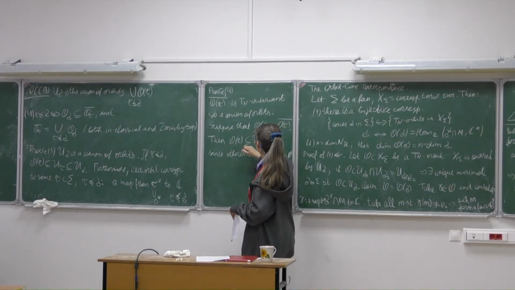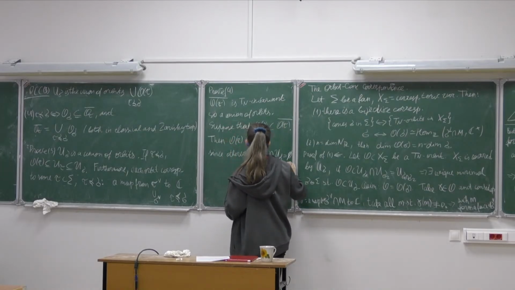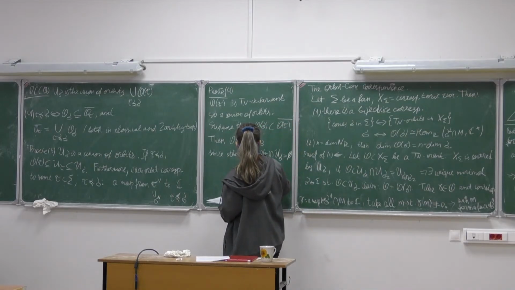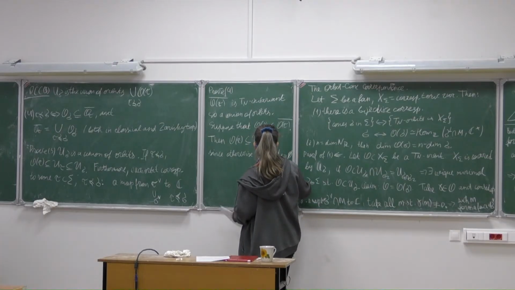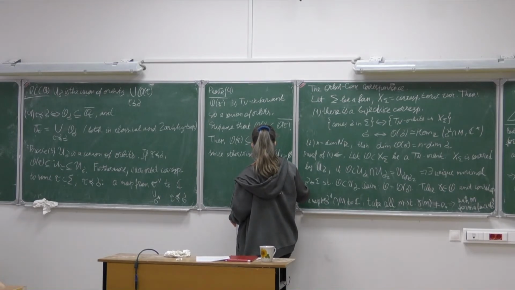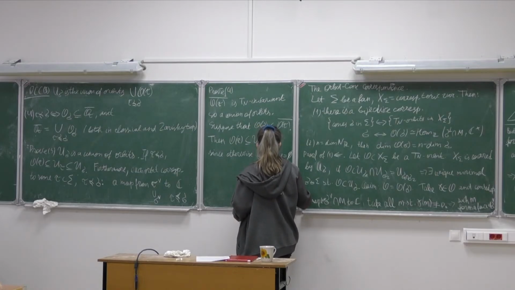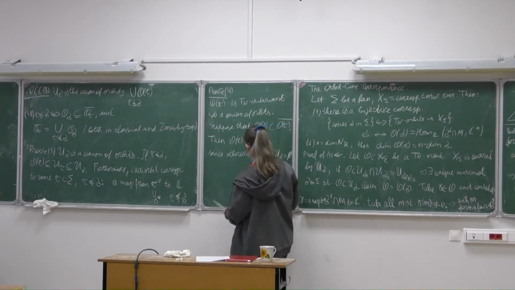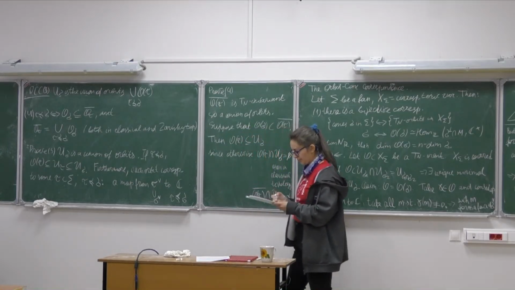This is one orbit, this is many orbits. Either it is in this set or they don't intersect, and if they don't intersect, this is open in the classical topology. So if this intersection is empty, then O tau bar intersected with U sigma will also be empty.